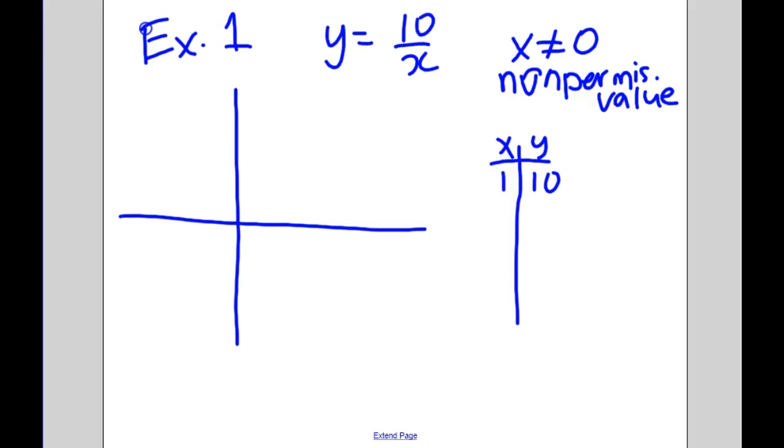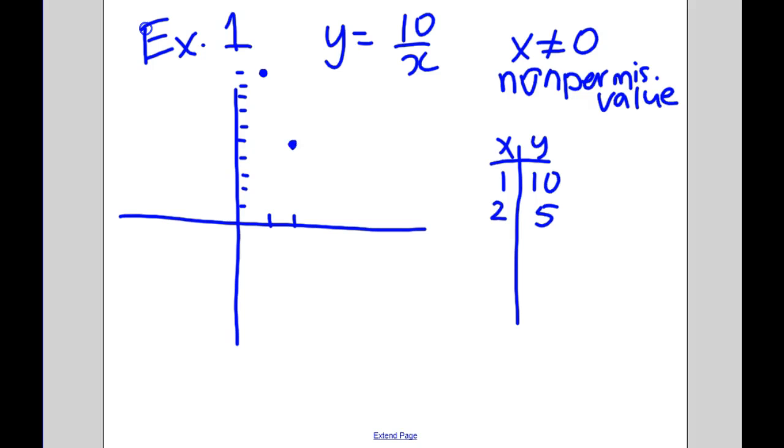So if x is 1, y is 10. And then say if x was 2, y would be 5, because 10 divided by 2 is 5.